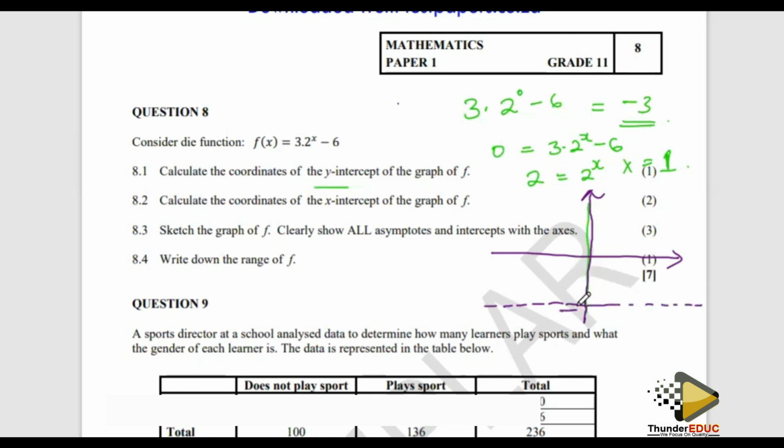Let's say this is our -6. Then this -3 is the y-intercept, somewhere there. Then positive 1 can be somewhere there. We can say that our a is 2. It's greater than 1, so it means this graph is increasing. And then we have something like that.